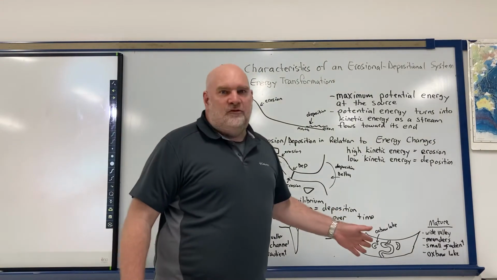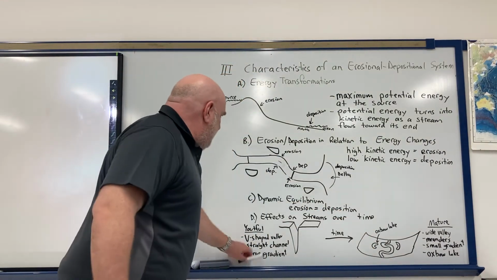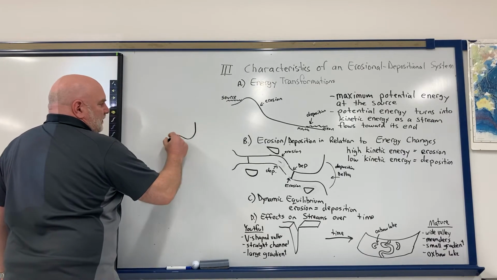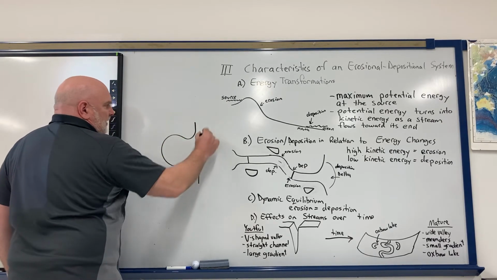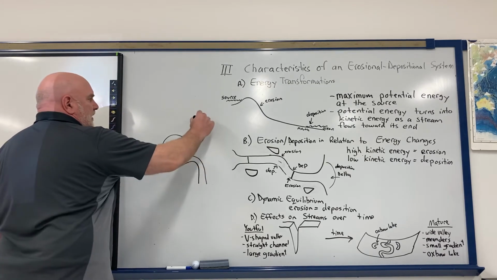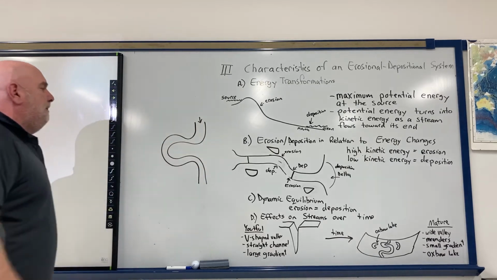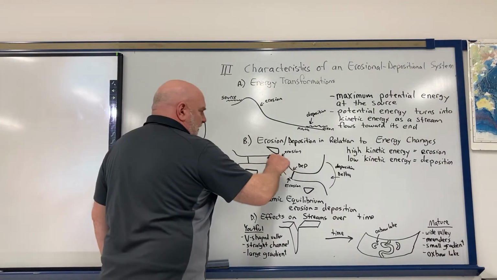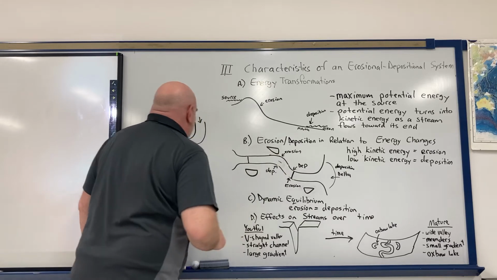Now, how the oxbow lakes form is, I'll start off with a river that looks like this. So it has some meanders in it. Let's say the water's flowing that way. And what we know from back here is that you get the most amount of erosion on the outside of a bend.